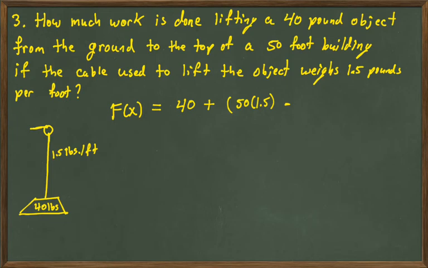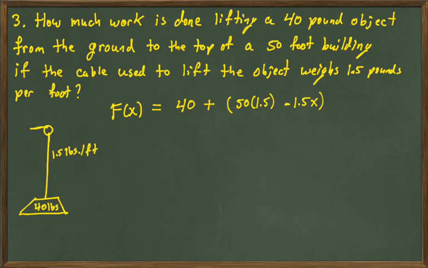Now, as we're moving that weight up, we are winding up some of the cable, so some of that weight is lost as we're going up, so we don't have to account for it anymore. Each foot we go up, we are losing 1.5 times x, where x is in feet, because we're not having to move that piece of cable anymore.